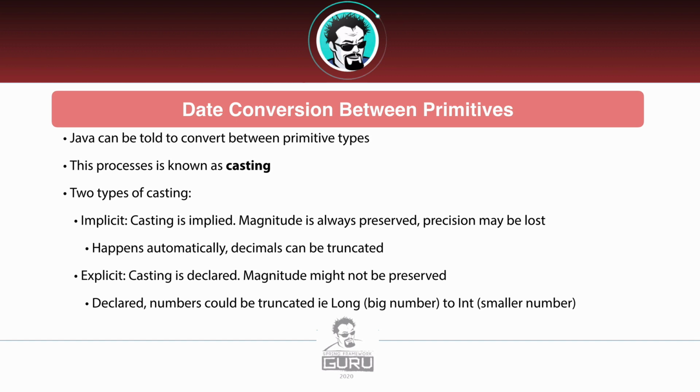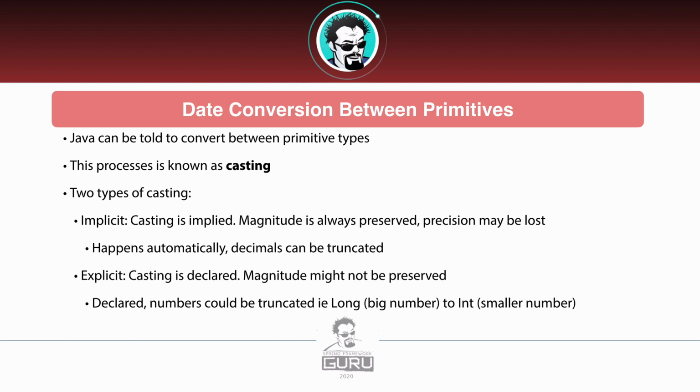Explicit is where casting is declared. You are explicitly going to declare this. And this is something that you have to be careful with. This can definitely get you in trouble if you're not paying attention. But it is also handy where you don't need that magnitude to be preserved, or you are aware of the consequences of your actions. So just remember that explicit, you are going to declare it.